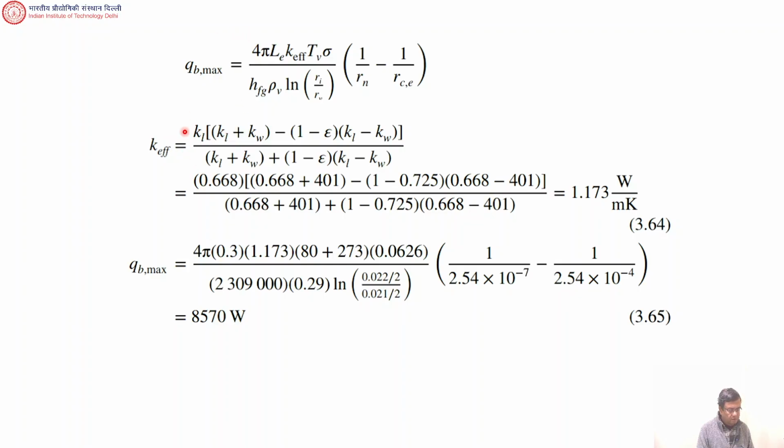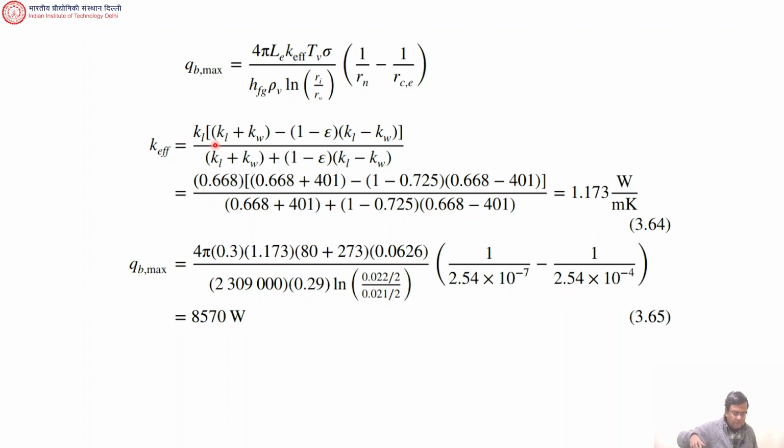And this is related to the boiling heat flux. This is an effective thermal conductivity of the wick, because the wick has meshes. So it has these wires which are made of copper, so that's got one thermal conductivity. But there is also liquid thermal conductivity, because the wick is actually filled with liquid, right?